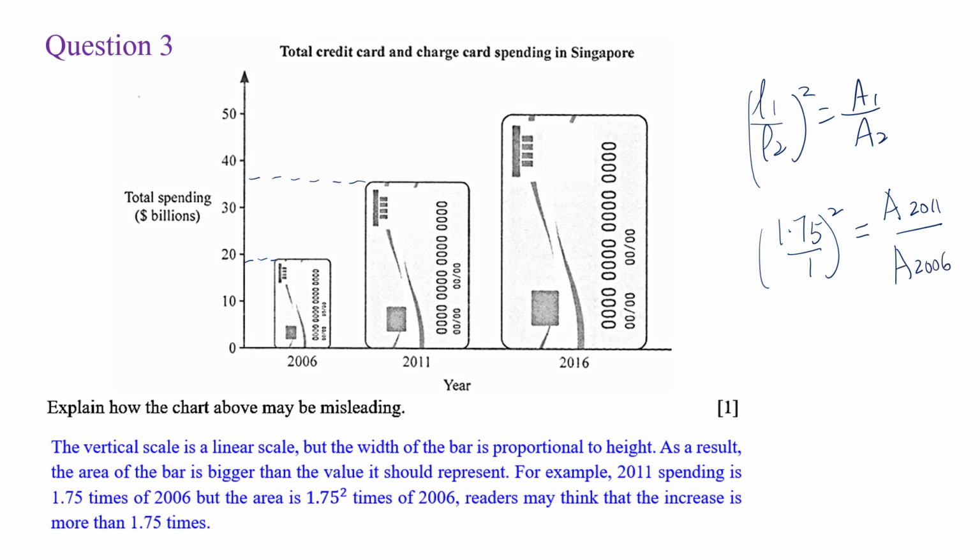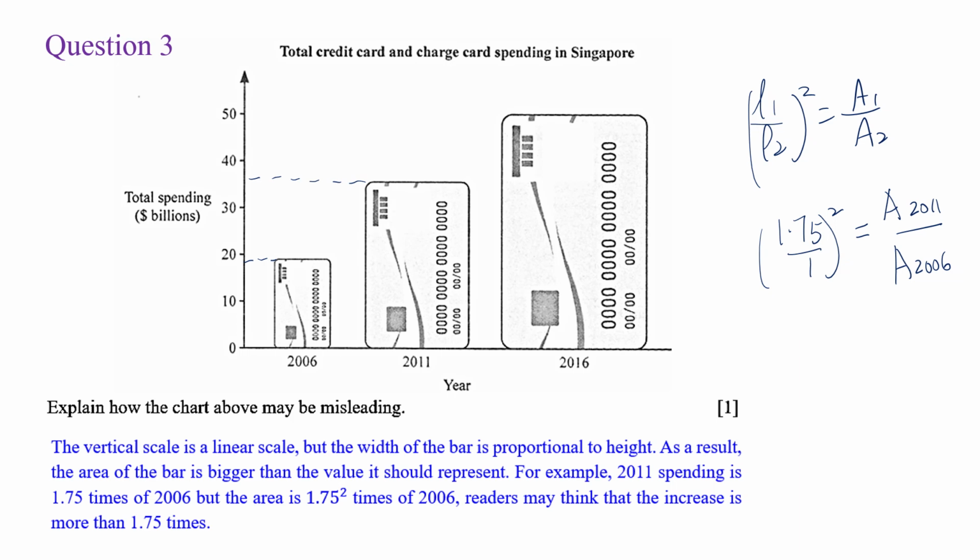So hence the reader may think that the increase is more than 1.75 times. So in other words, the pictures shown don't correspond to the values shown on the y-axis. So that's why it's misleading.